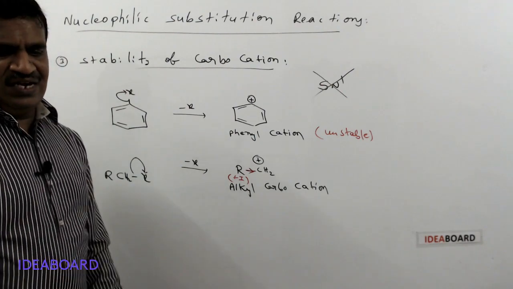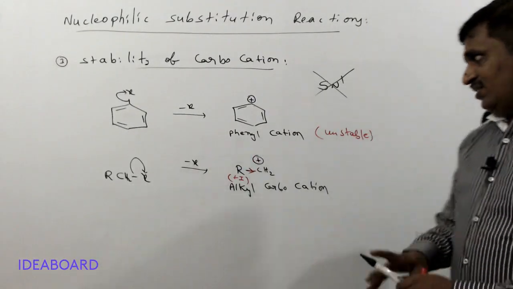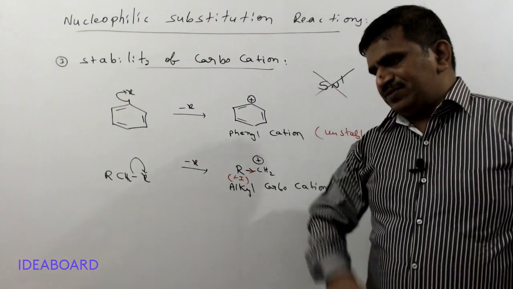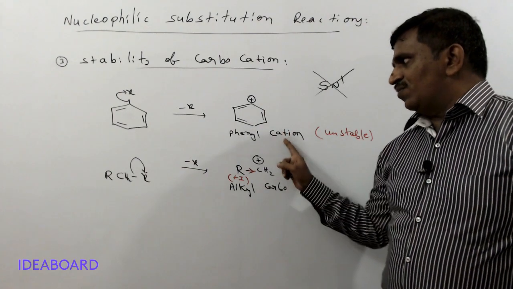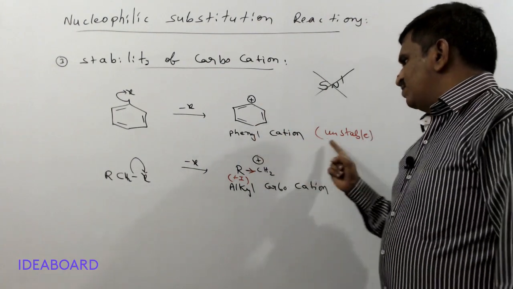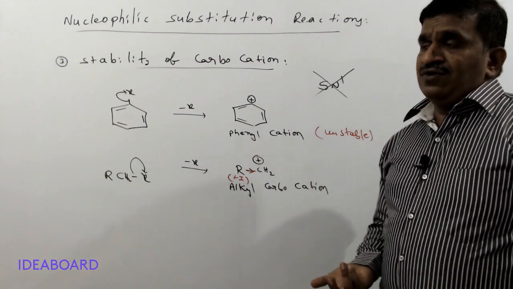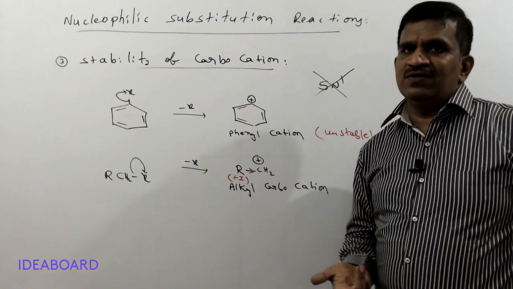Why are SN1 reactions ruled out? Because in SN1 reactions, the first step is carbocation formation. If the carbocation is formed, it is unstable, so never try to get instability for any molecule.